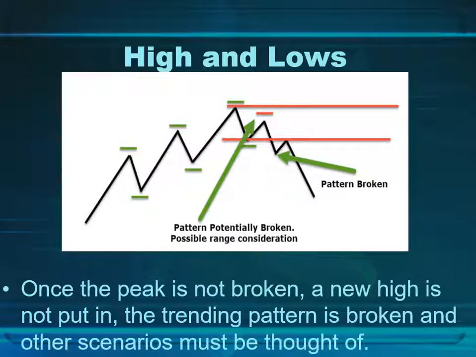And we can see that the pattern is broken. The pattern is potentially broken, and a possible range of consideration is there. That means if a new high is not put in, then the trading pattern is broken, and other scenarios must be thought of.